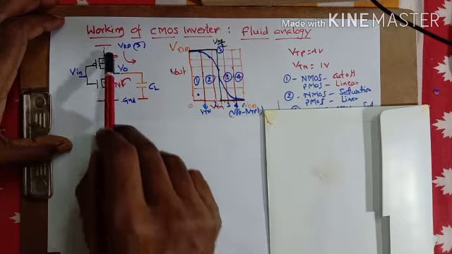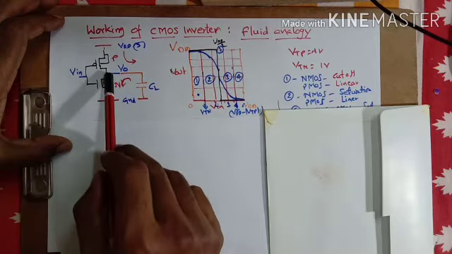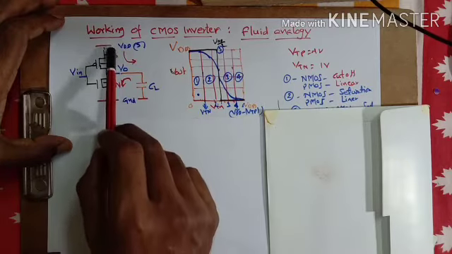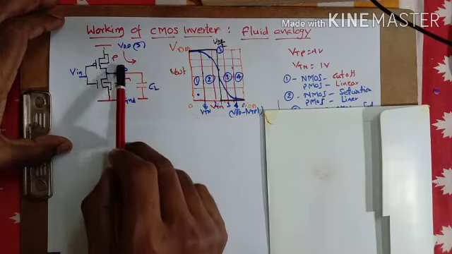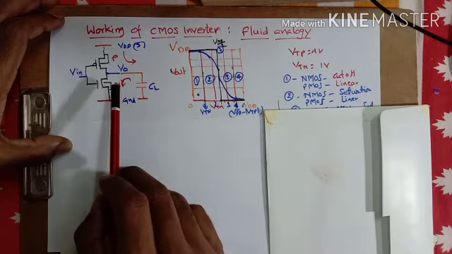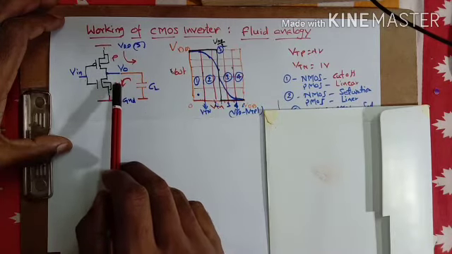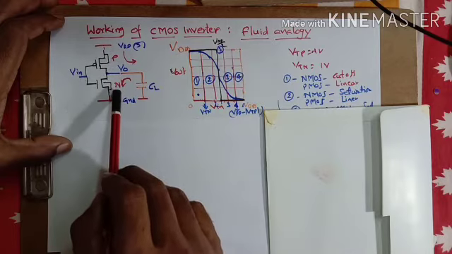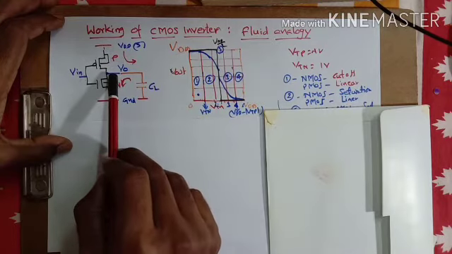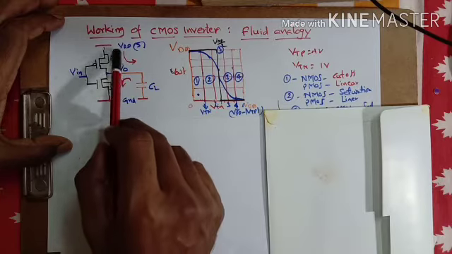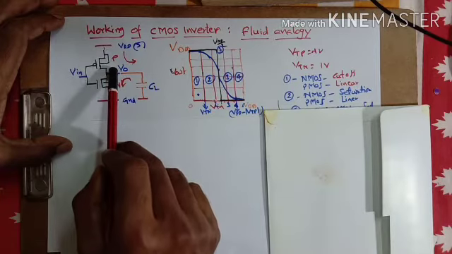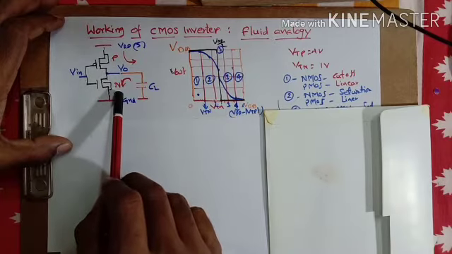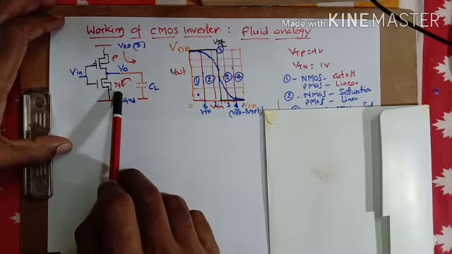And because of Kirchhoff's law, the current which is entering the node should be equal to the current which is leaving the node. So the node voltage will now adjust itself until the current entering this node, through the PMOS transistor, becomes equal to the current that is leaving the node, which is equivalent to the current through the NMOS transistor.